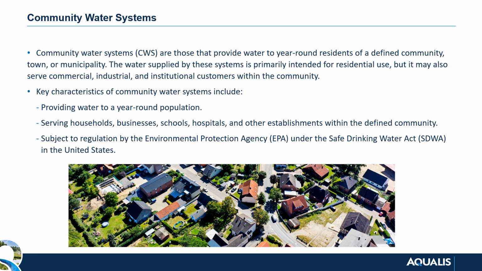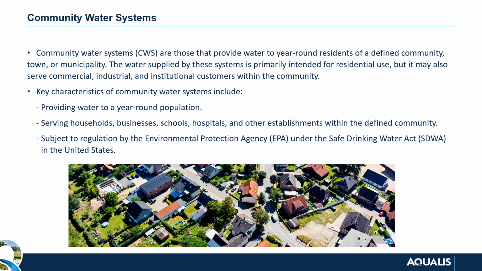Community water systems are those that provide water to year-round residents of a defined community, town, or municipality. The water supplied by these systems is primarily intended for residential use, but it may also serve commercial, industrial, and institutional customers within the community.